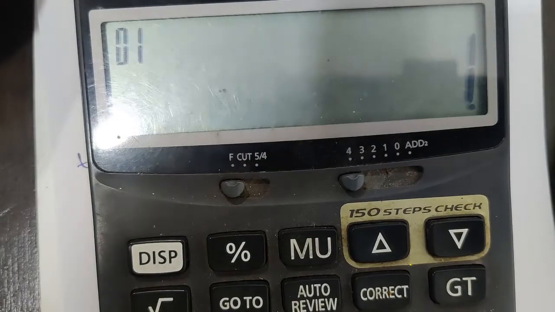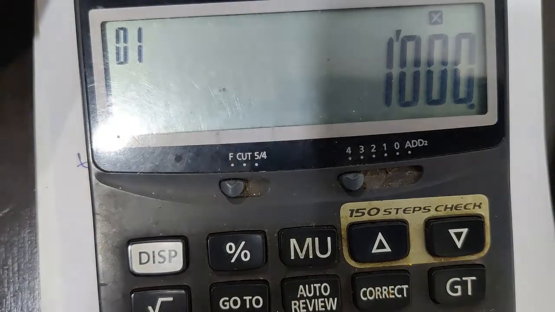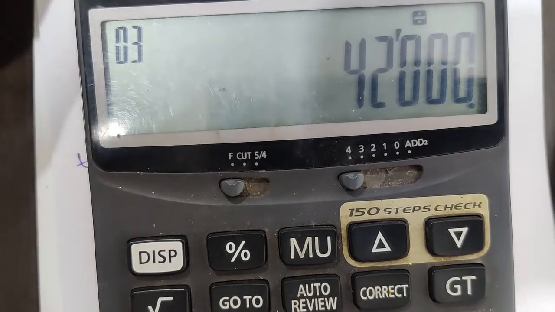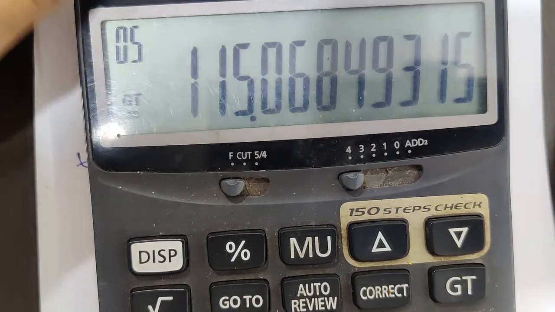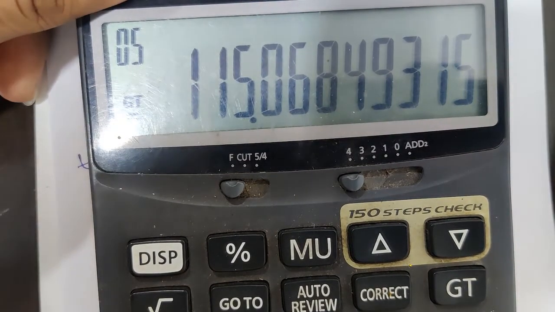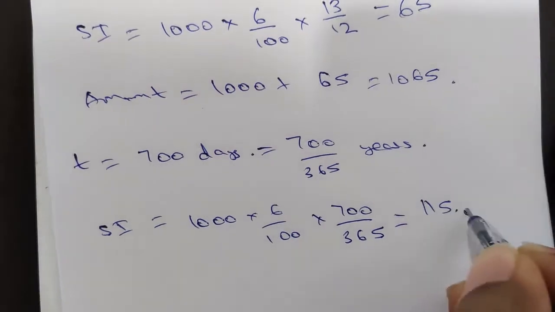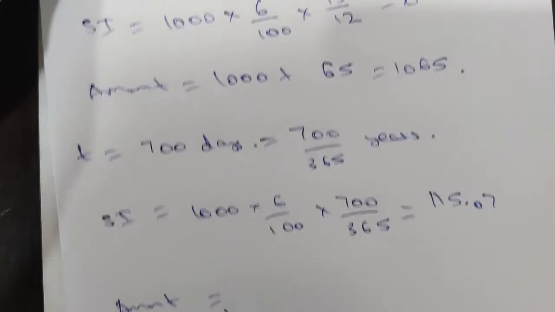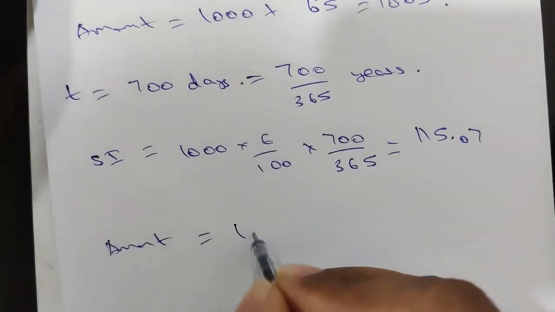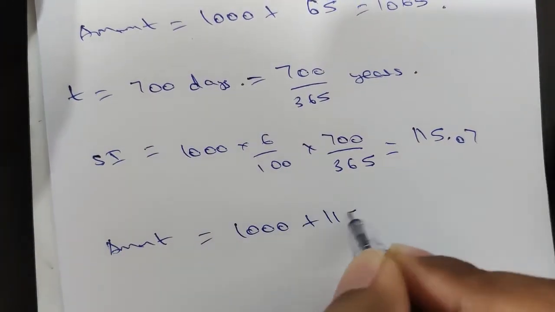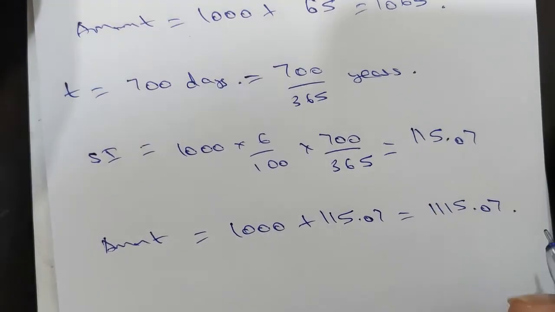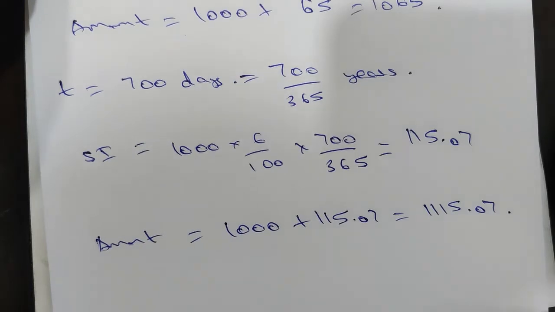So again, 1000 into 0.06 into 700 divided by 365, you get 115.07. Amount is equal to 1000 plus 115.07. Same simple.